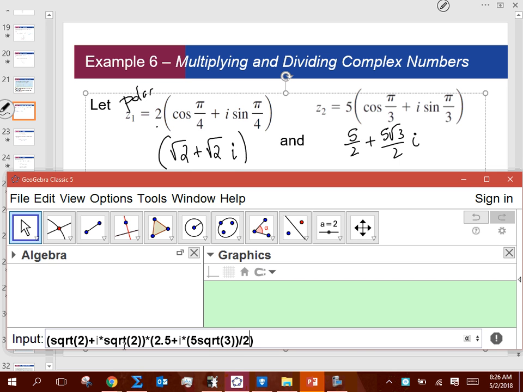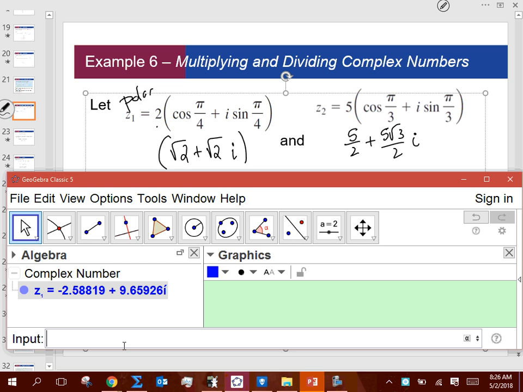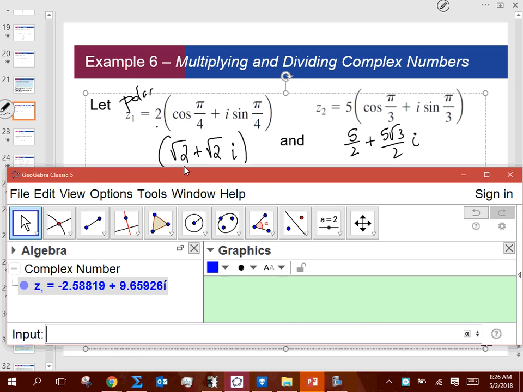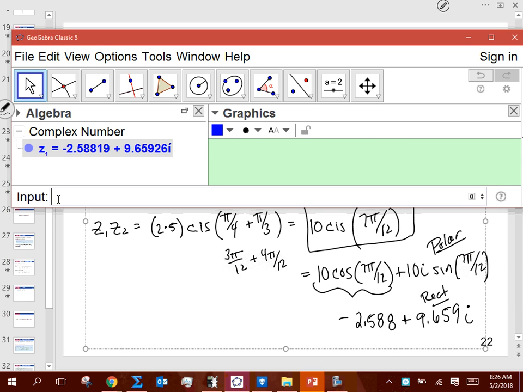Put that thing all over 2. See what it equates to. Is that the same thing as what we've got here? Does that make sense to everybody?